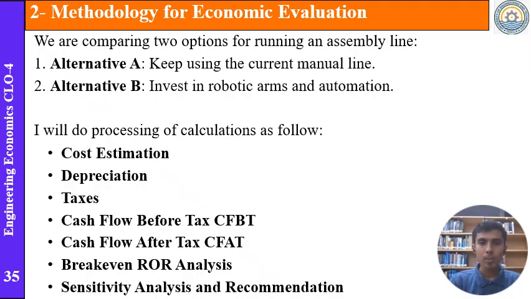Then I will apply the tax, which I have considered roughly 30% on both projects. Then I will calculate the cash flow before tax, and after subtracting the tax from the cash flow, I will find the cash flow after tax. I will also perform the sensitivity analysis, and at the last I will recommend which project the company should invest in.